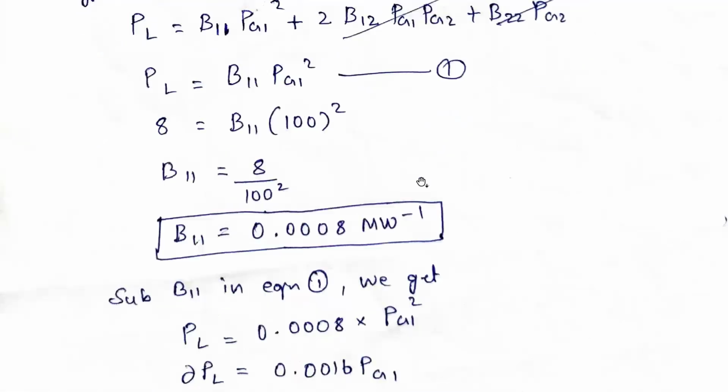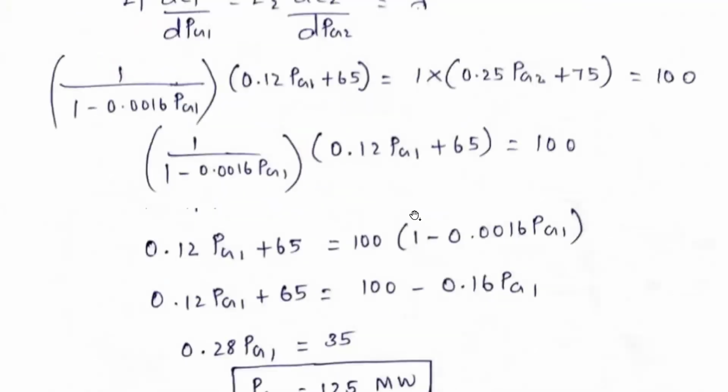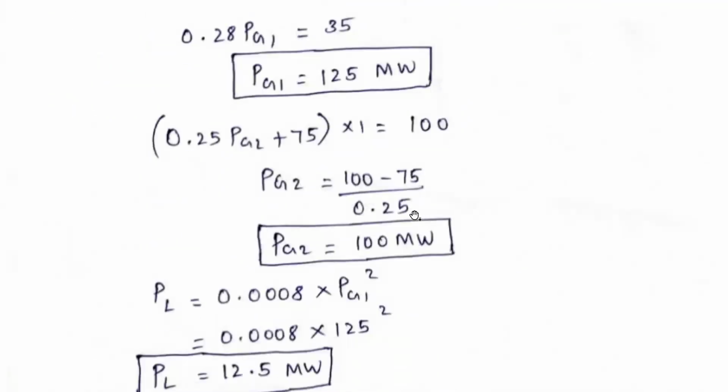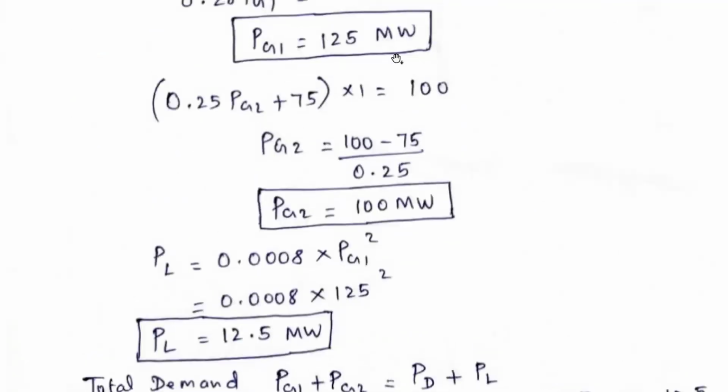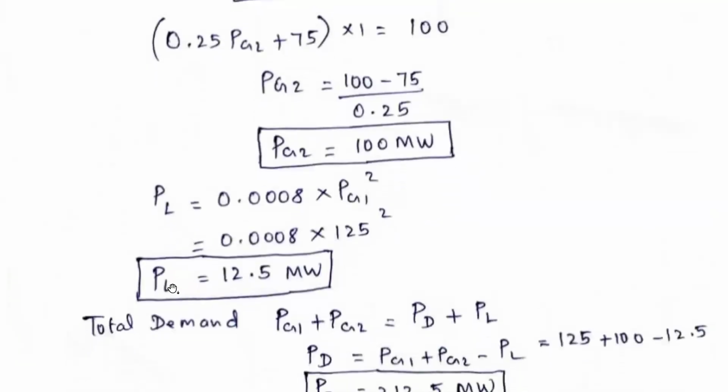That is equation number 1. Substituting in equation number 1, PL is equal to 0.0008 Pg1 square. Pg1 we already calculated is 125 megawatt, so 0.0008 into 125 square. So PL is equal to 12.5 megawatt.